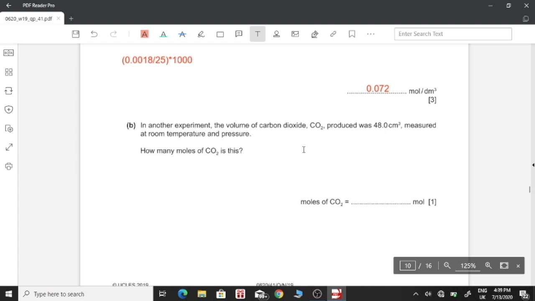So we divide this by 1000, and we get the answer as 0.048, and then we divide this 0.048 by 24 dm cube, so we get the answer as 0.002 mole.